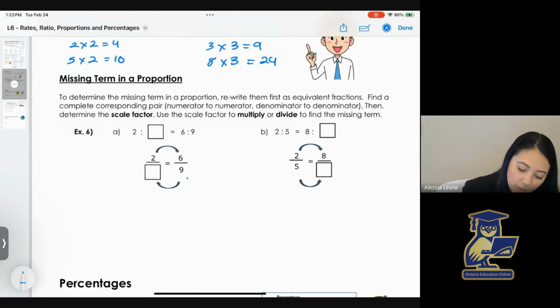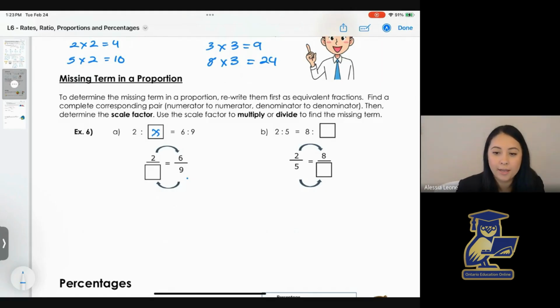We're going to fill this in with x. 2 over x equals 6 over 9. It wants us to write it in a fraction. So what did we have to do to 2 to get to 6? What was the function? From 2 to 6, we have to times 2 by 3.